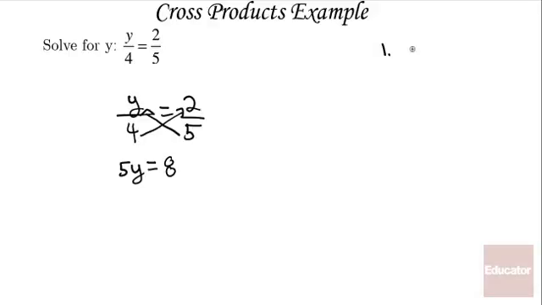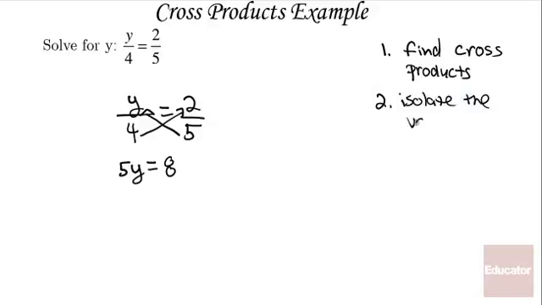So, in order to solve a proportion, one way is to find the cross products, and then, as usual, isolate the variable for which you are solving. This is asking me to solve for y, and I have 5y equals 8.